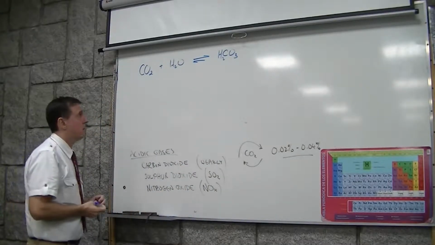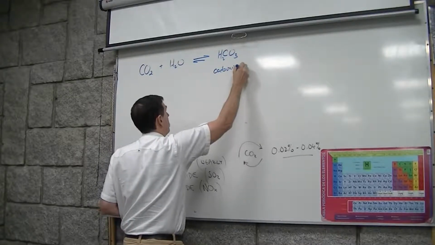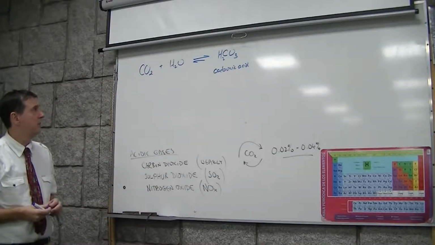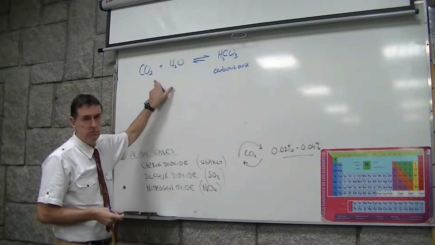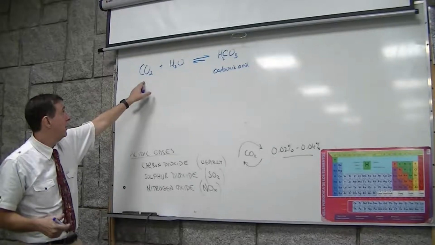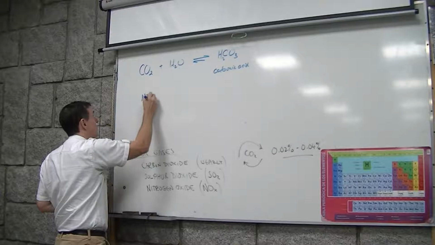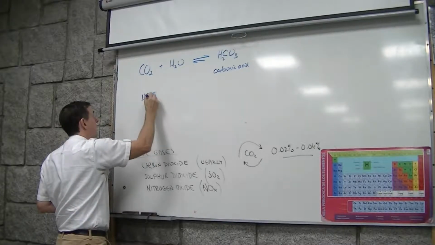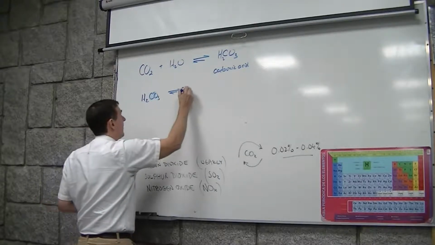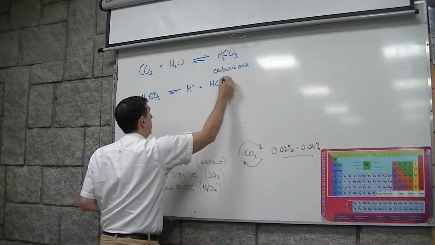This could be called carbonic acid, but this equilibrium is very much to the left-hand side. There's very, very little carbonic acid. But notice that so far no hydrogen ions have appeared here. The carbonic acid itself, the H2CO3, then gets into an equilibrium with H+ and HCO3-.